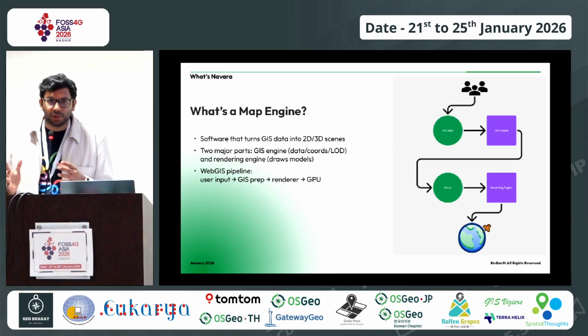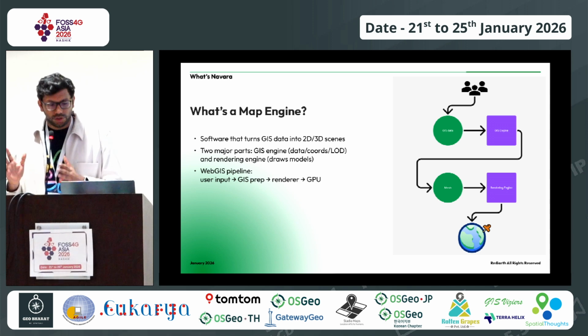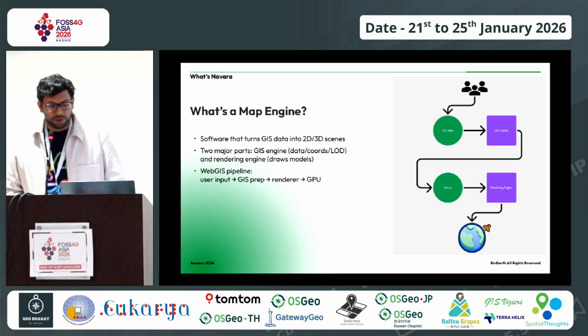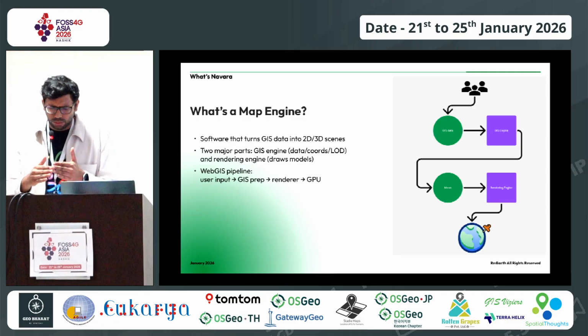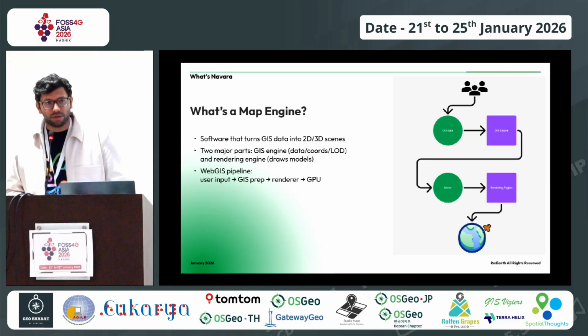There's the GIS engine, which mainly does the processing for you, and then there is a rendering engine, which is responsible for drawing the scene for you. In layman's terms, you can break down the whole pipeline as user input going to a GIS engine, that GIS engine identifying what needs to be added to the rendering engine, and then finally that rendering engine shows you the image that you want to see.